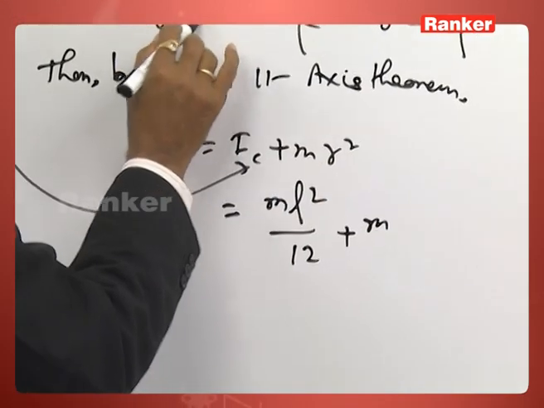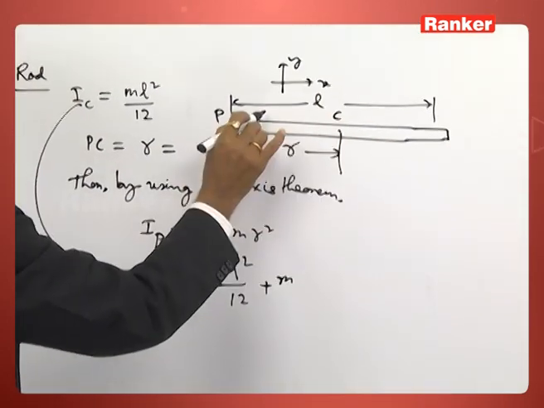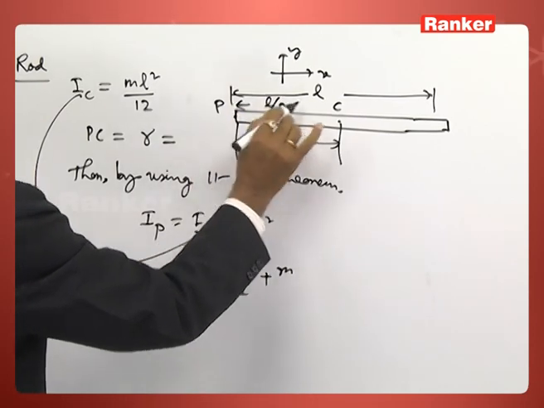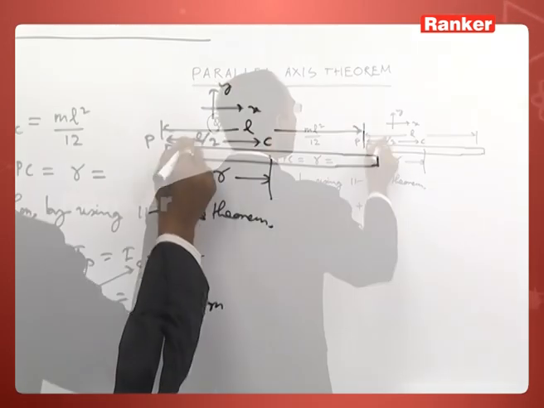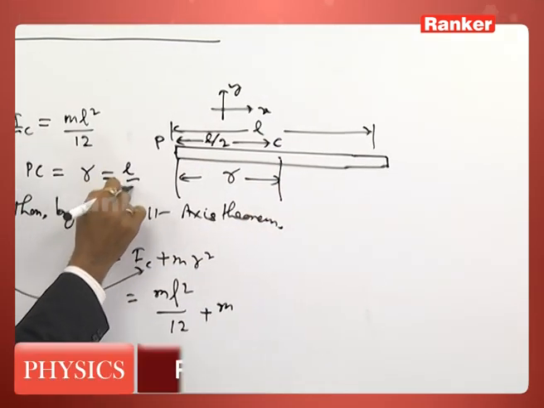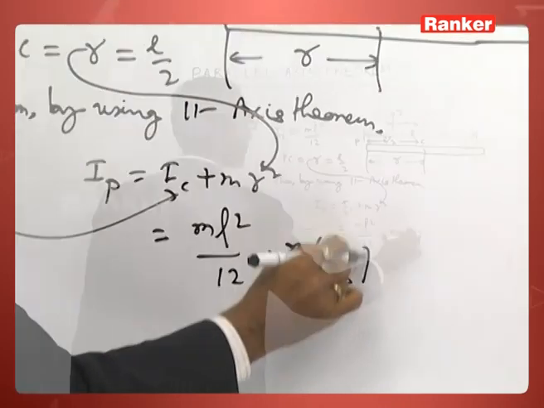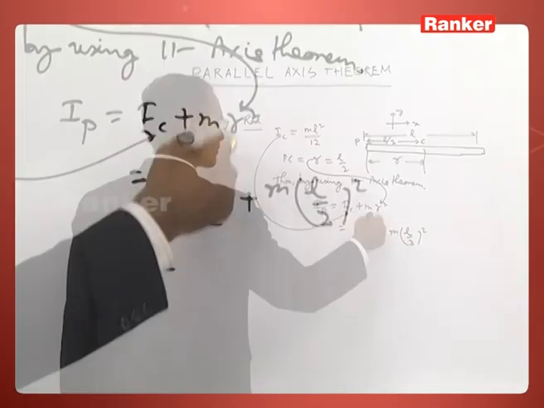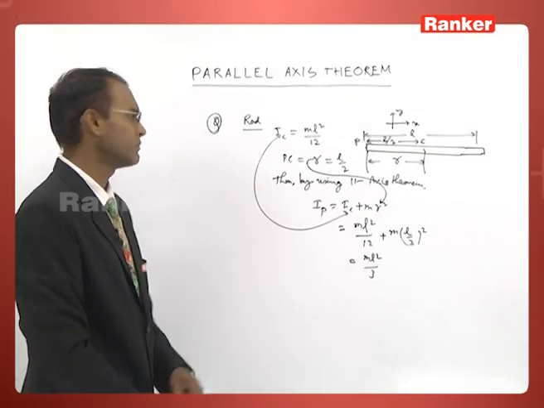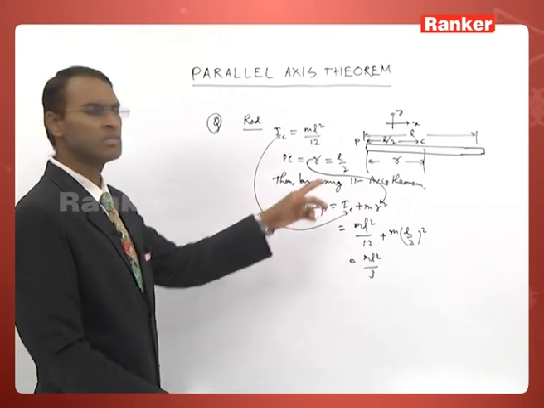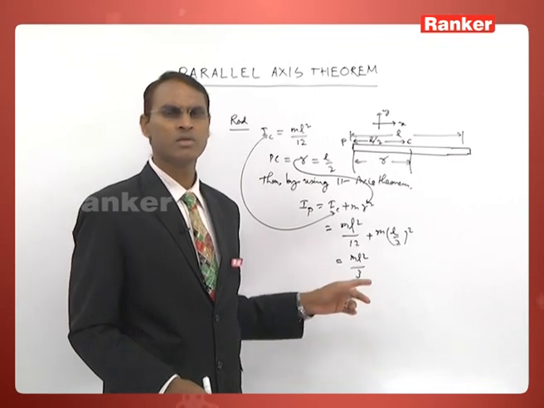If this is L, for a uniform object, the center of mass is situated at the geometrical center or midpoint of the rod. Therefore, this R is equal to L by 2. You can substitute R as L by 2 here. Then you can simplify it to get mL square by 3. By the process of integration, by using the basics, you can get the same answer as we proved in the last class.